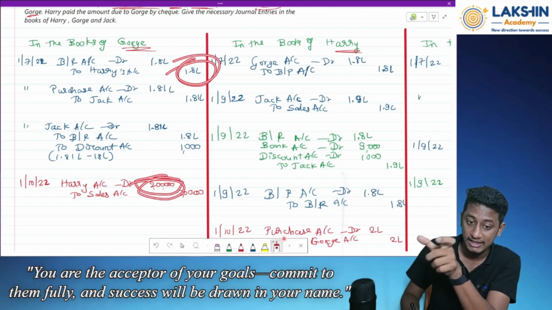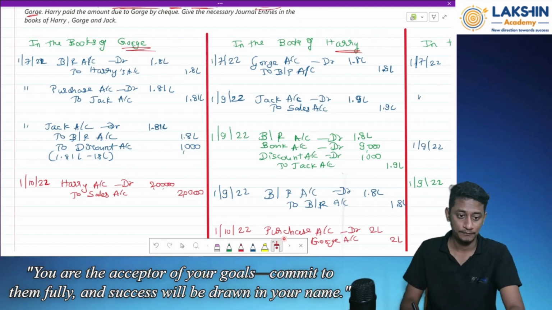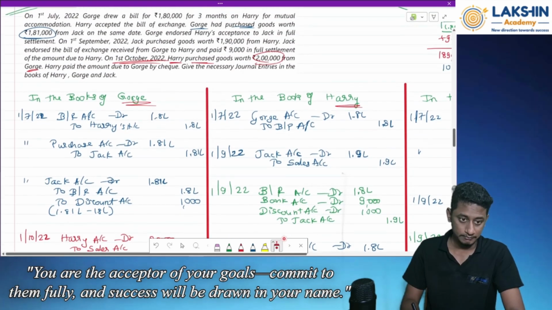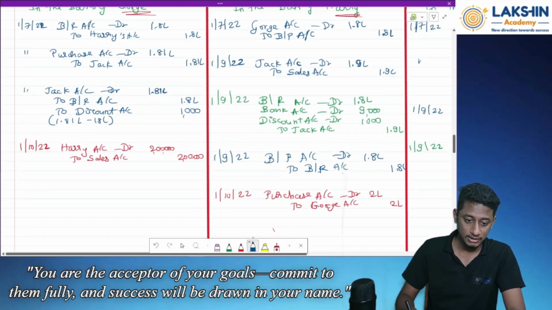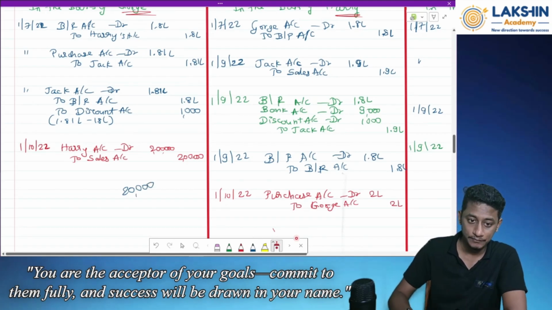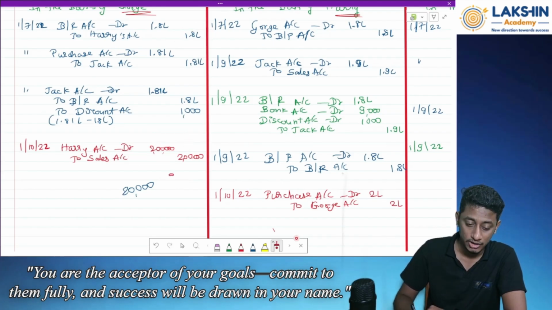So net he has to receive from Harry. Fine. But in this case, how much is to be received? Rupees 20,000. Why? 2 lakhs minus 1.8 lakhs. Okay, then going ahead.